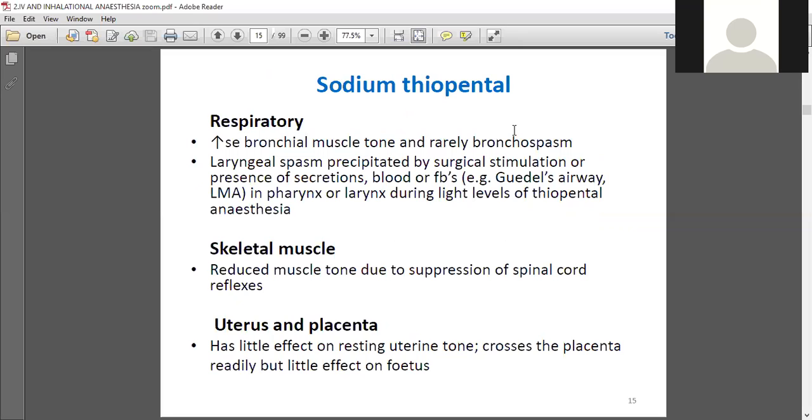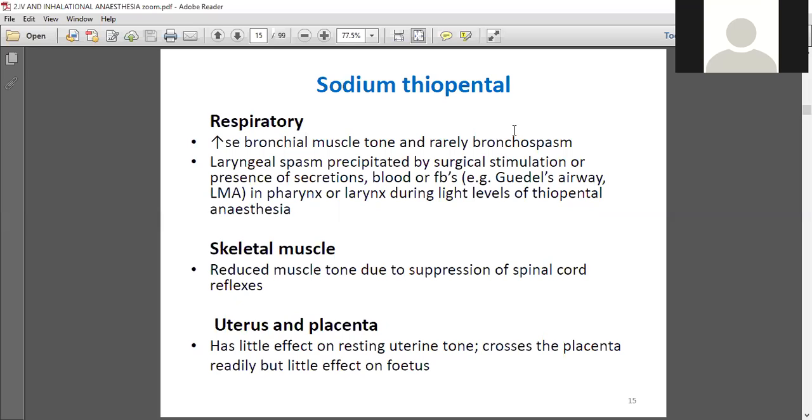Laryngospasms are precipitated by surgical stimulation or the presence of secretions, blood, or foreign bodies, e.g. an LMA, in the pharynx or larynx, during light levels of thiopental anesthesia.